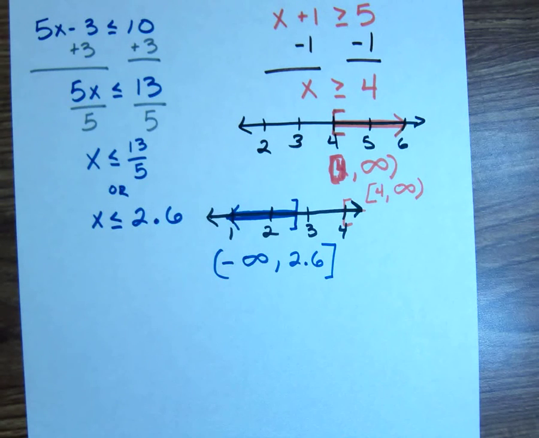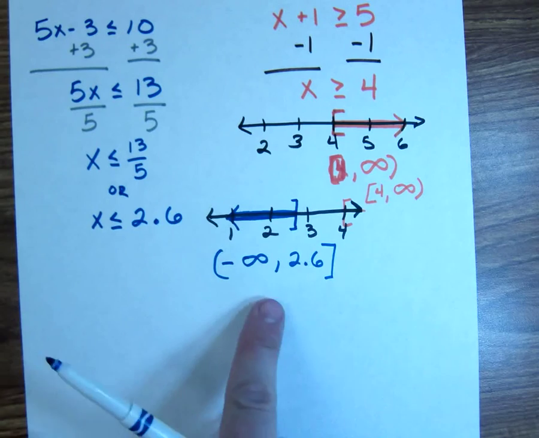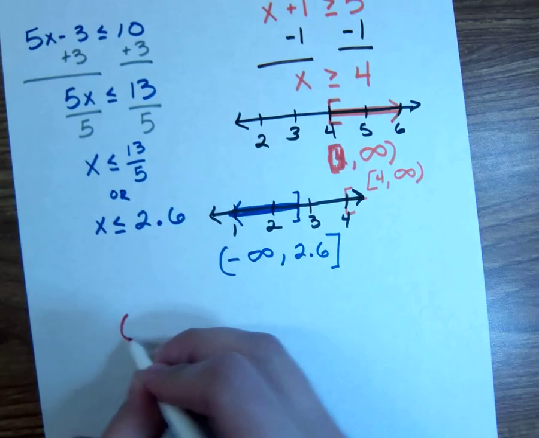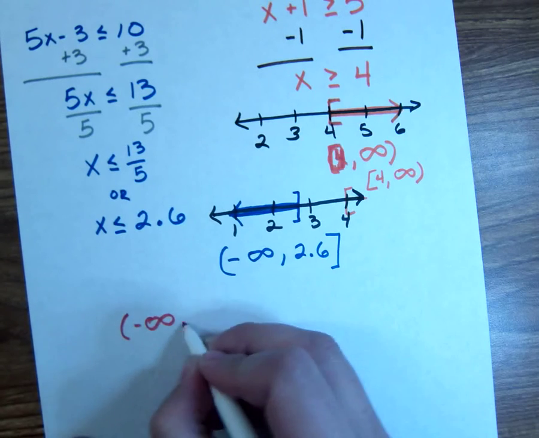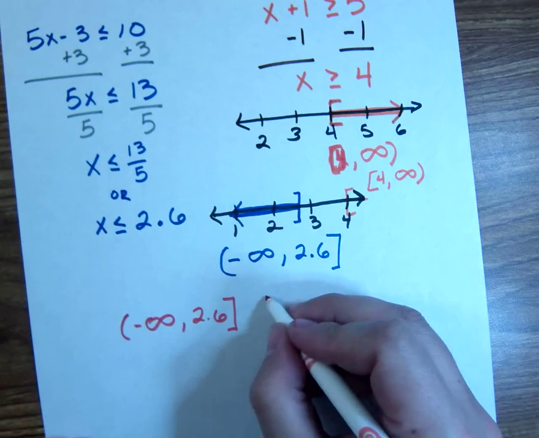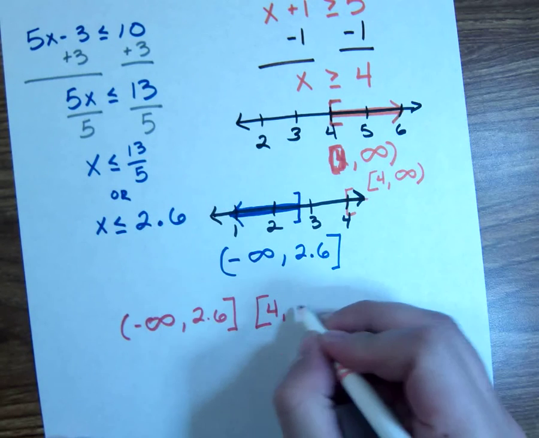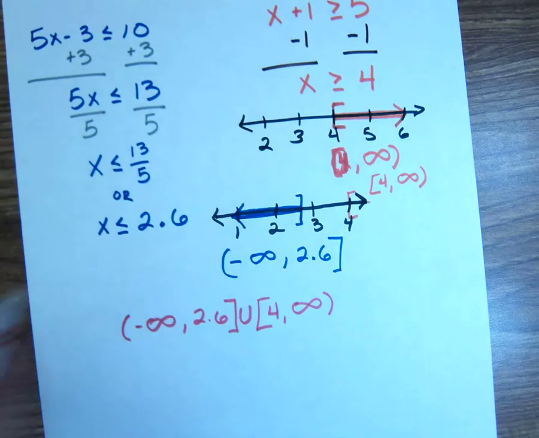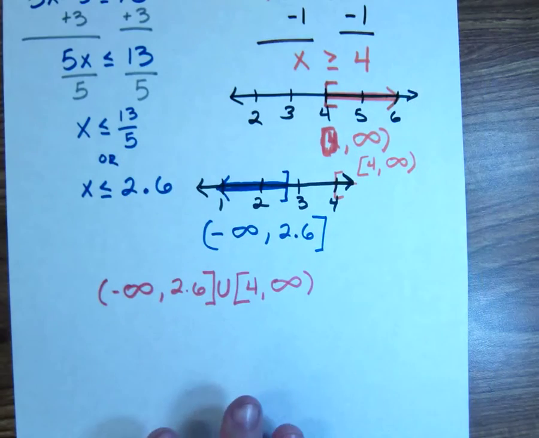I do the little union thing. So literally it's these two things with a U in between. The first one went from negative infinity to positive 2.6. The second one went from 4 to positive infinity, and I'm going to put a U here for union. There it is.